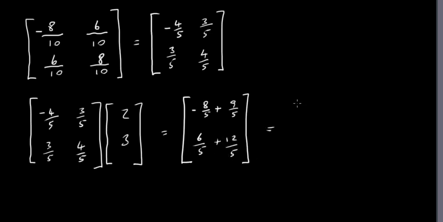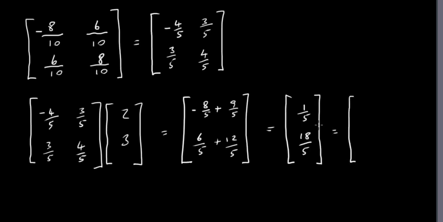So this is our final point. So it's minus 8/5 plus 9/5, so that will give me 1/5, and here you have 6/5 plus 12/5, that's 18/5. So finally our final point will be 1/5, and this is 3 and 3/5.